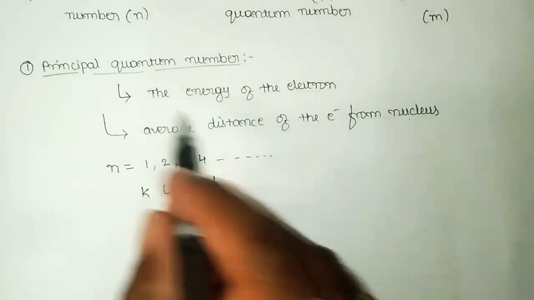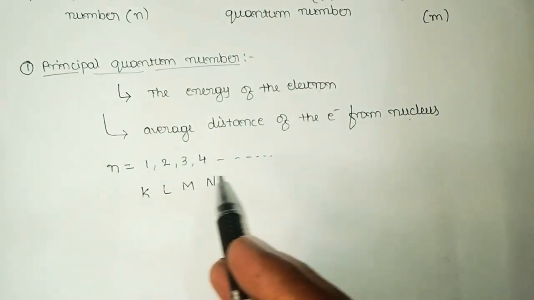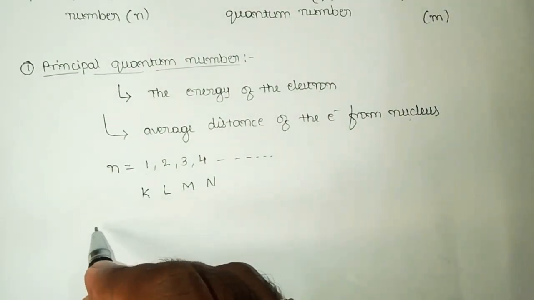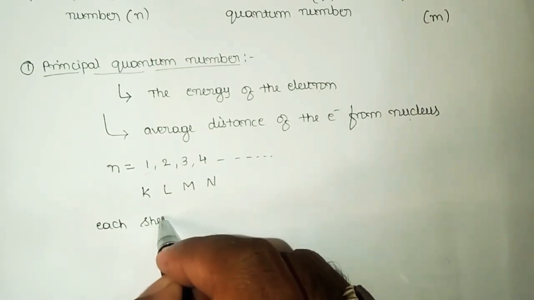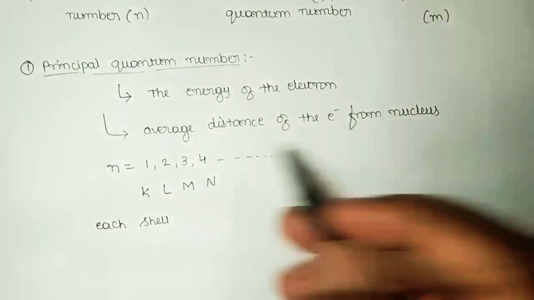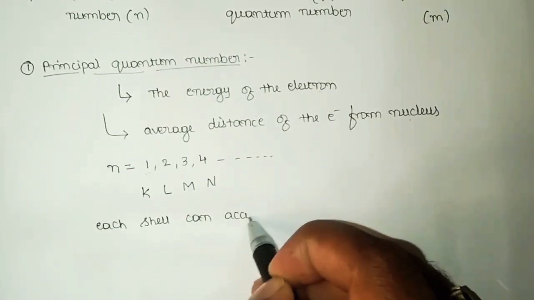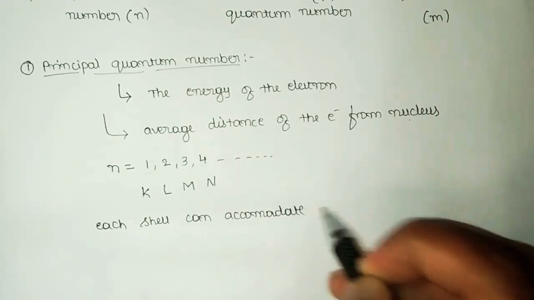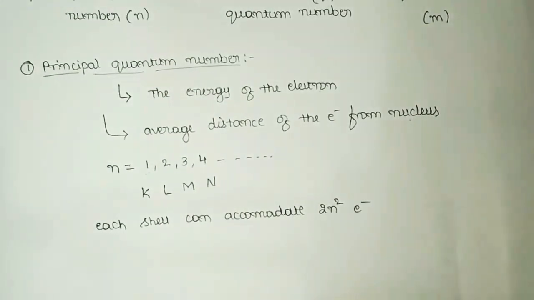If you consider any shell, either K, L, M or N, whatever it may be, each shell, each orbit, or each stationary state can accommodate a maximum of 2n square electrons.